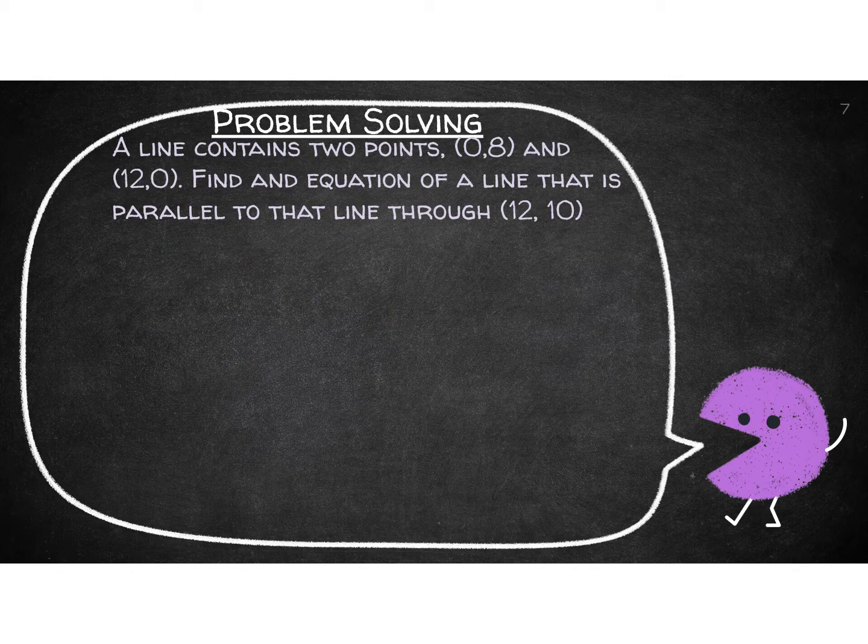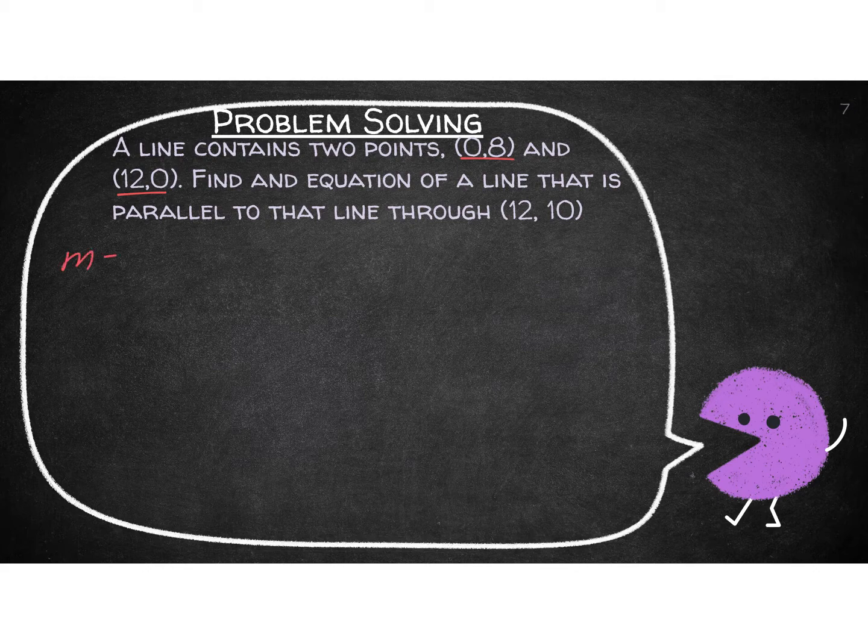In this next example, we want a line that contains 2 points, 0, 8 and 12, 0, and we want to find the equation of a line that is parallel to it that goes through the point 12, 10. Okay, so there's a couple ways to look at it. A good common way to look at it would be just find the slope and then find your parallel line through that point. So that's what we're going to do.